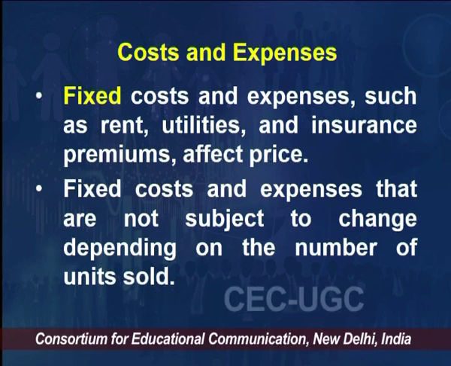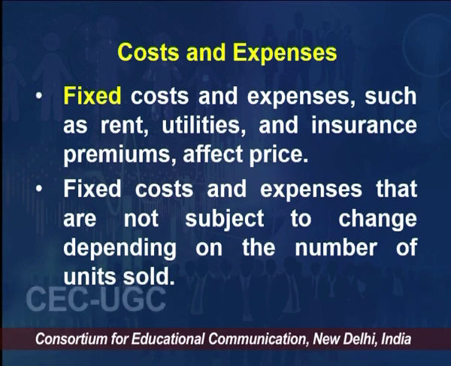When I say cost, it can be classified into two parts. One is fixed cost, another is variable cost. Fixed cost and expenses, for instance rent, utilities, insurance premium, salary, do affect our pricing. And remember, fixed costs are not subject to change depending on the number of units sold.